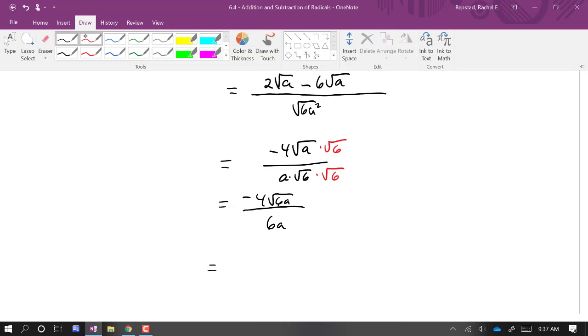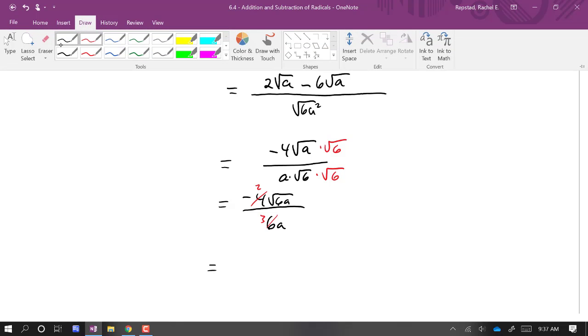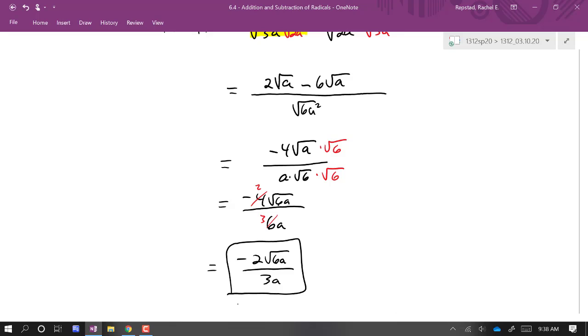So let's see, we could take out 2. So negative 2 root 6a over 3a. Questions?